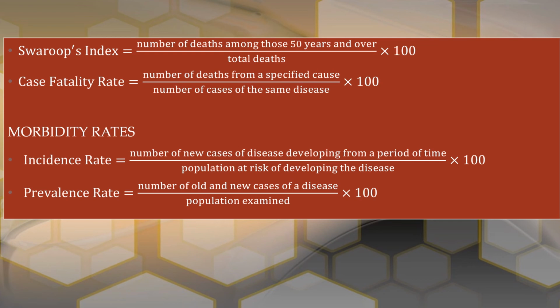Old and new cases, because let's say for example, 2018 cases of diabetes are of course still included in the 2020 number of cases because they still have diabetes. And if the number of old cases plus an increase in the new cases, your prevalence rate would have an upward trend.